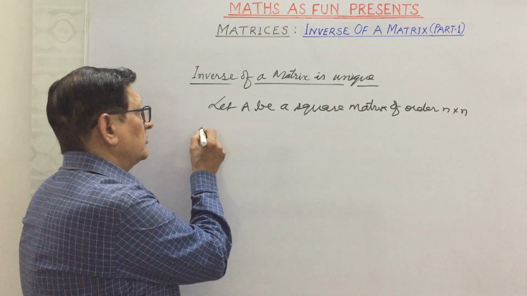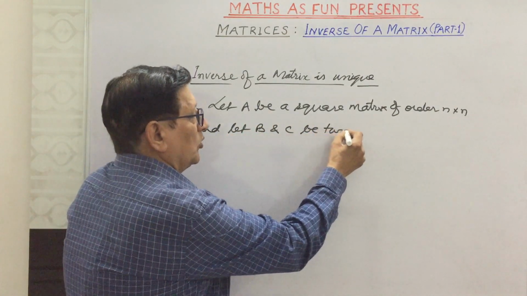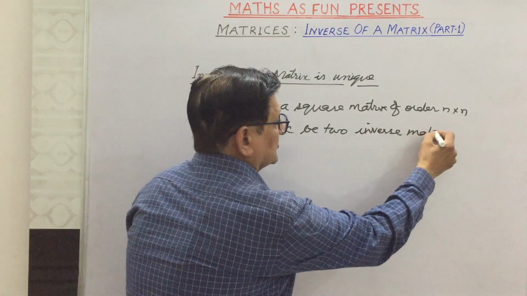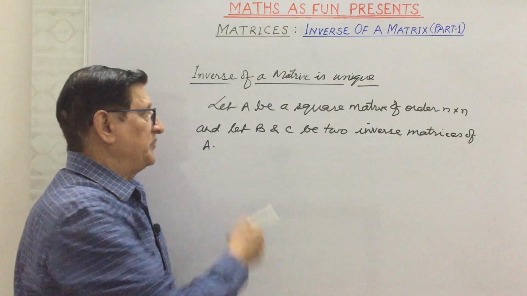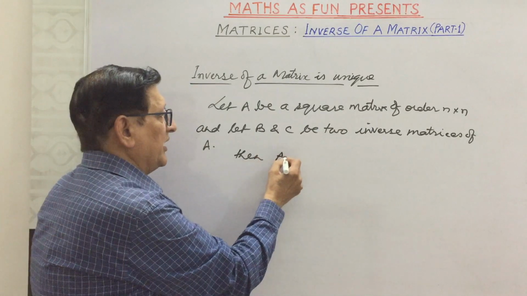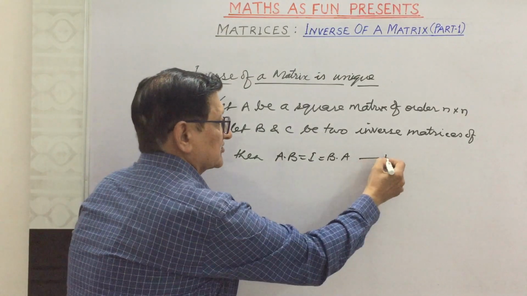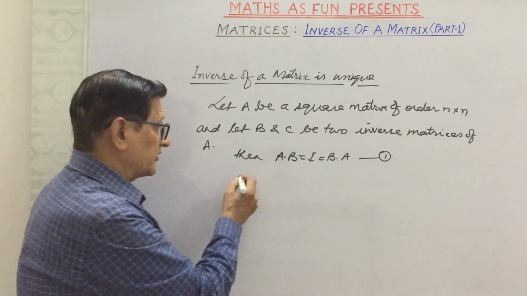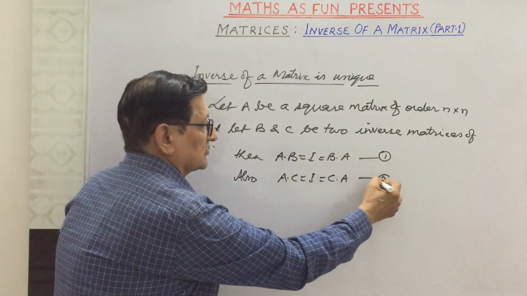So let B and C be two inverse matrices of A. If B is the inverse of A, then A into B is equal to I is equal to B into A. Suppose this is the first relation. Also C is the inverse of A, so we have A into C is equal to I is equal to C into A. This is the second relation.